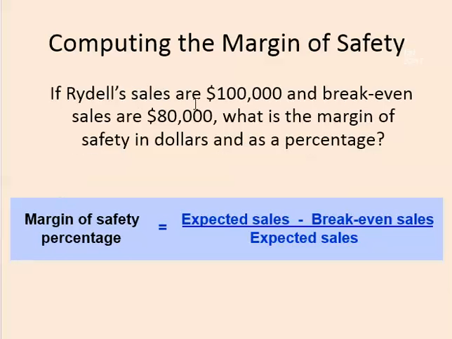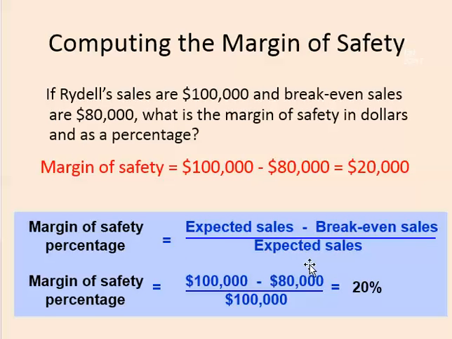So if Rydell's sales are $100,000 and break-even sales are $80,000, what's the margin of safety in dollars and as a percentage? Okay, well, expected sales are $100,000, break-even is $80,000, so that's going to be $20,000. And then we take that $20,000 divided by the $100,000 expected sales. So we have a 20% margin of safety here, or $20,000.